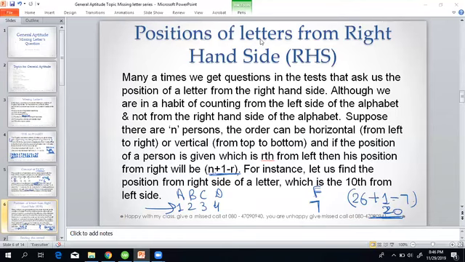Yeah, the position of F from the right hand side is 20. Like A, B, C, D, E, and F. If we count from the right hand side, then its position will be 20.